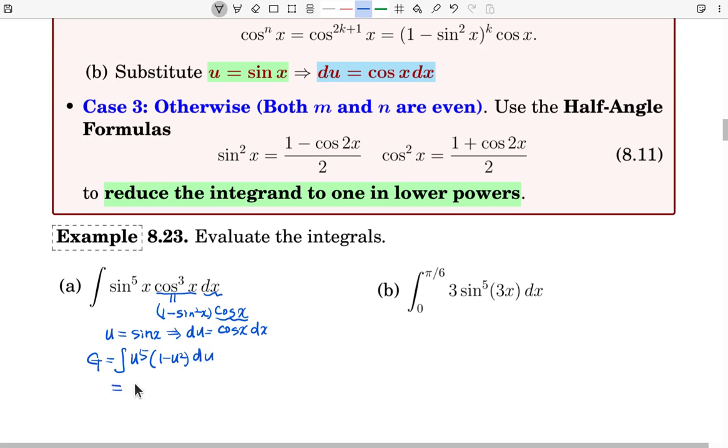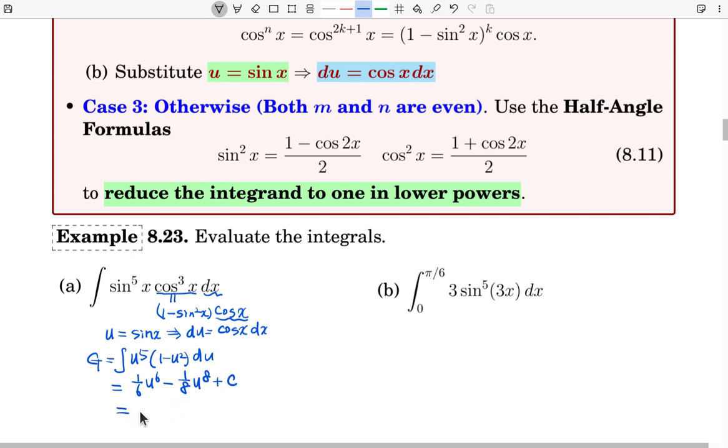The first term is power 5, so its antiderivative is 1 over 6 u to the 6, and the second one is a 7th power, so 1 over 8 u to the 8. Now the integration constant.